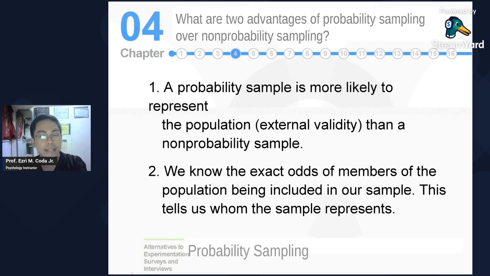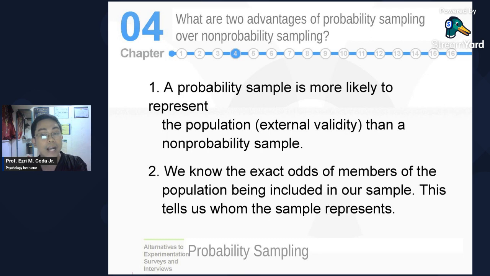It means there's a possibility that it will be high on external validity because the sample that you get when you use probability sampling will represent the population itself.